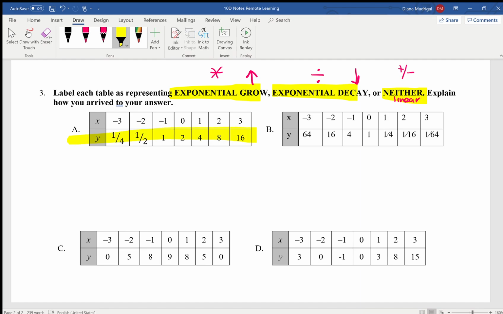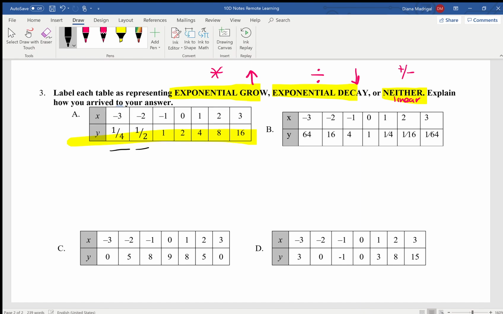All right, so the first one, let's look at the table again. We're looking at the numbers on the Y. Notice how the numbers start with a fraction. I personally don't like fractions, so I'm going to keep going to 1. For this one, I only have an option, either multiplying or dividing. So 1, 2, 4, that means it's going up.